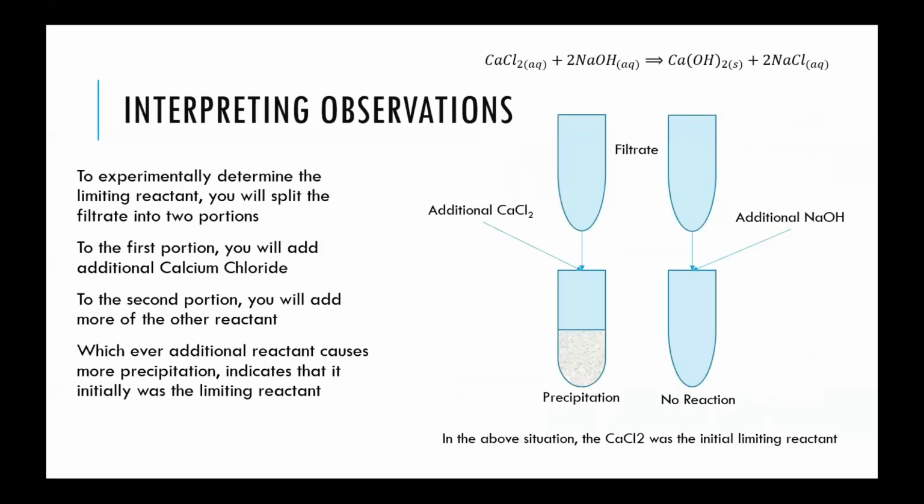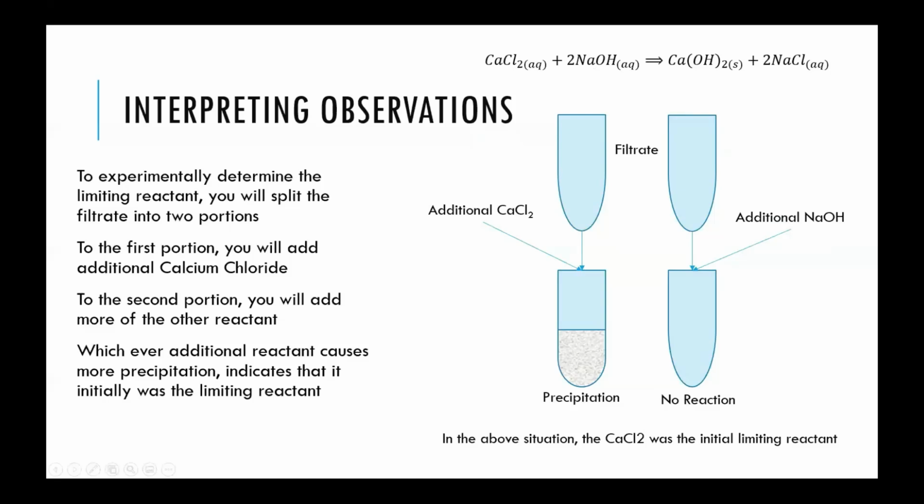So in the video experiment, you're taking the filtrate, that solution that passes through the filter paper. In this reaction, calcium chloride plus sodium hydroxide gives calcium hydroxide and sodium chloride. The calcium hydroxide is solid, so it is going to be captured by the filter paper.